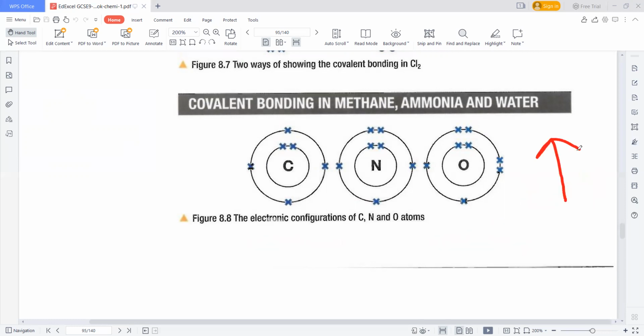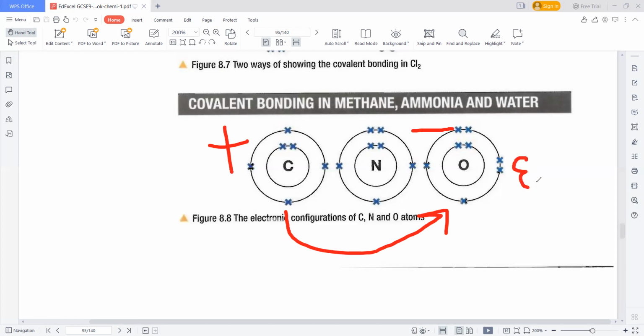If I create a bond between carbon and nitrogen, or carbon and oxygen, which would be most electronegative? In that case, carbon would be acting as positively charged, and oxygen will be acting as negatively charged. Why?